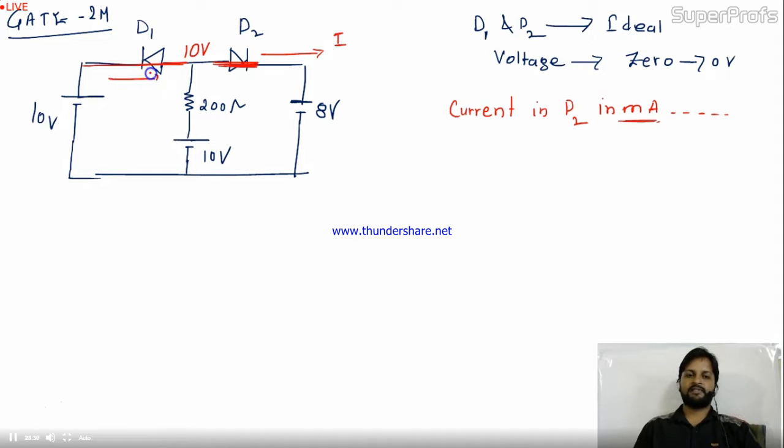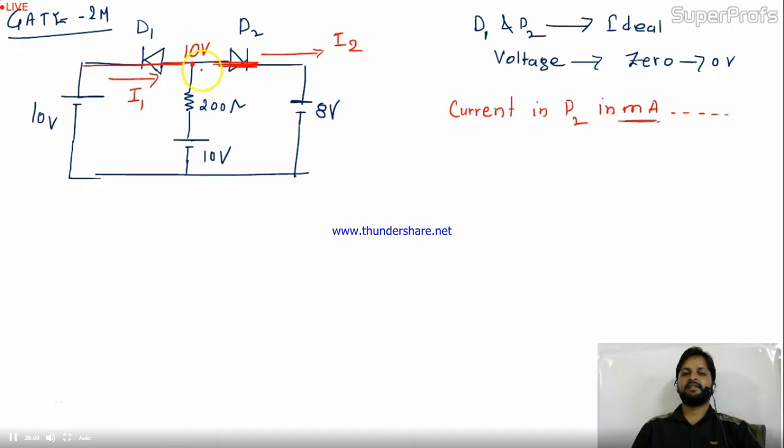Let's take the current in diode D1 as I1, and in diode D2 as I2. In the second stage, apply nodal analysis and find the current in D1 and D2. If the currents in D1 and D2 follow the forward bias current condition, we'll say that D1 and D2 are in forward bias. If there is any fault, we'll say they are in reverse bias.